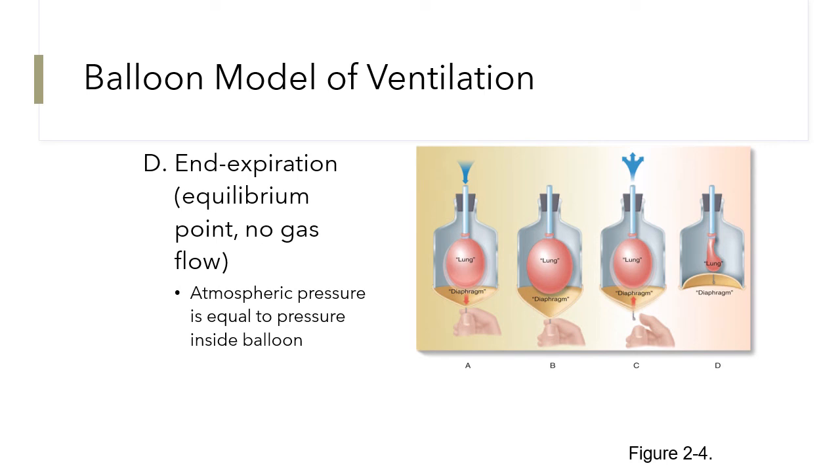Gas will continue to flow until the pressure inside the balloon equals the pressure in the atmosphere, pictured in Part D. Once the equilibrium point is reached, the gas flow stops. This period of no gas flow represents end expiration. Again, this is pictured in Figure 2.4, Part D. The entire simulated breathing sequence, that is, inspiration, end inspiration, expiration, and end expiration, represents one respiratory cycle.